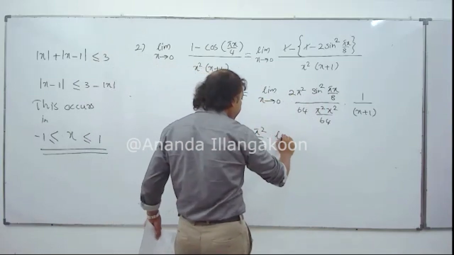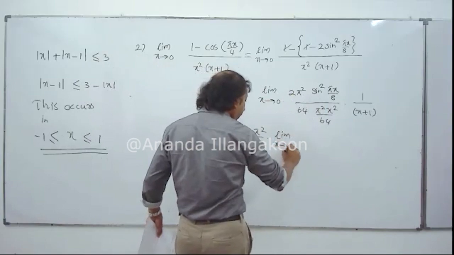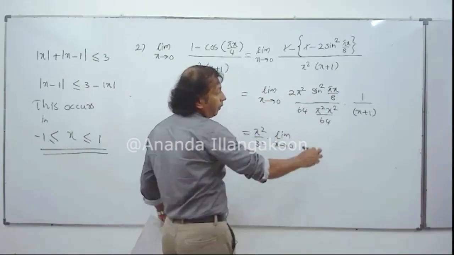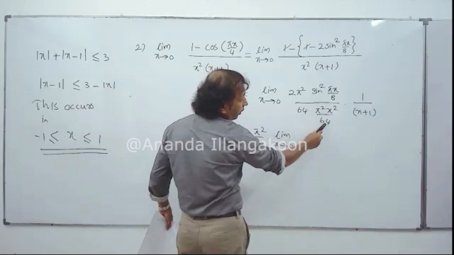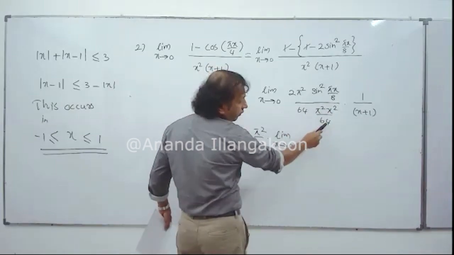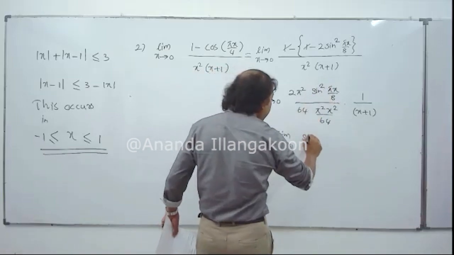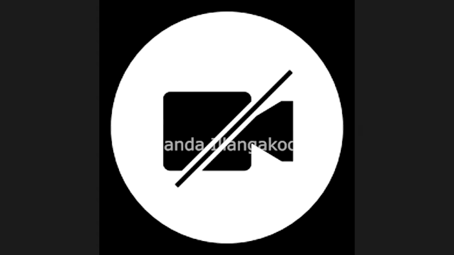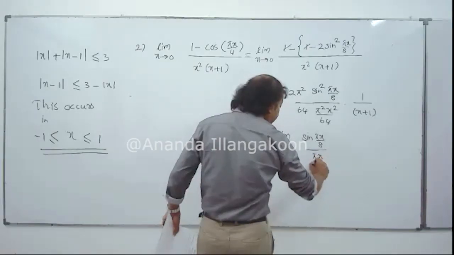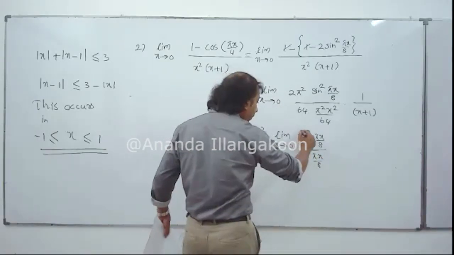Limit x going to 0. Now here 5 squared x squared, and here 64 I can write as 8 squared. Here we have sine squared. Then this whole thing I can write as sine 5x by 8 divided by 5x by 8, whole thing squared.